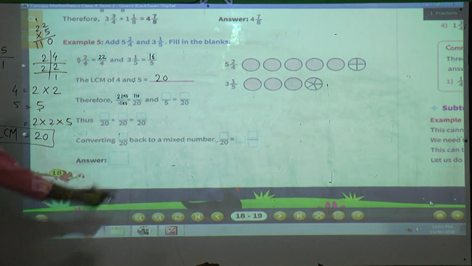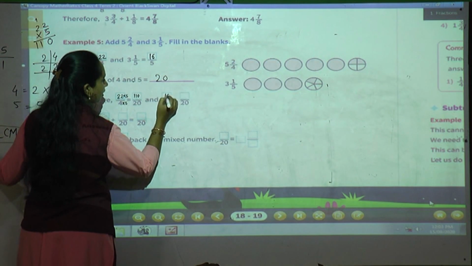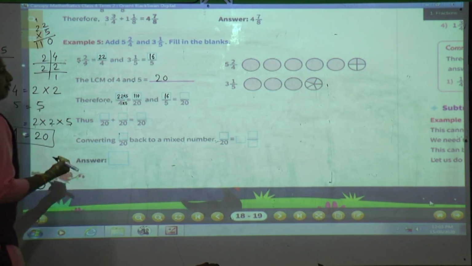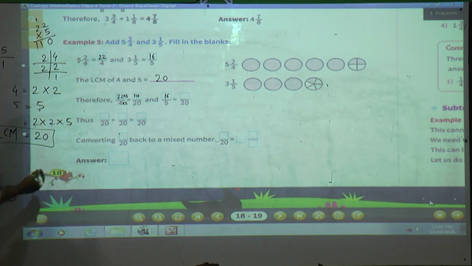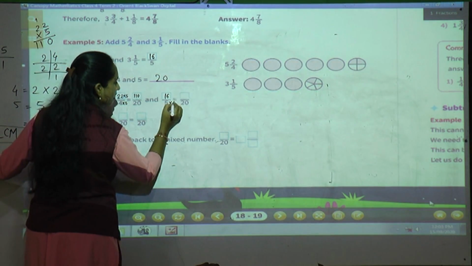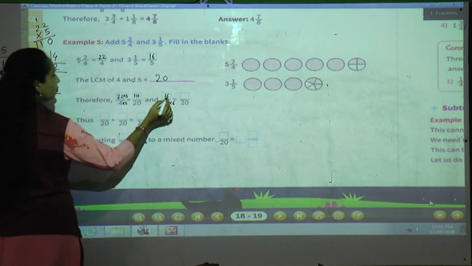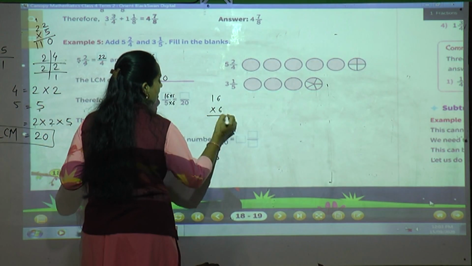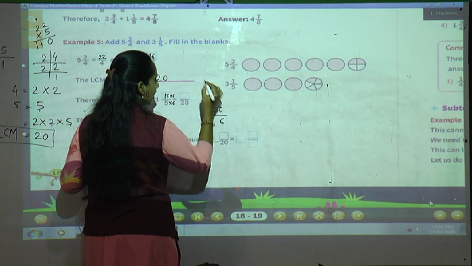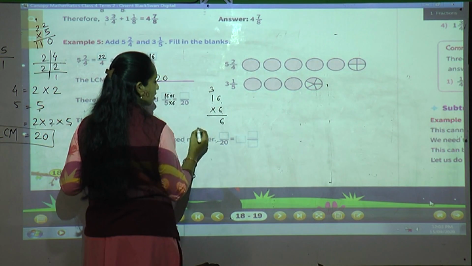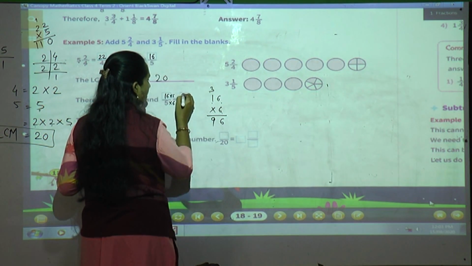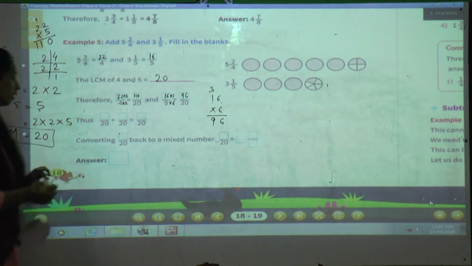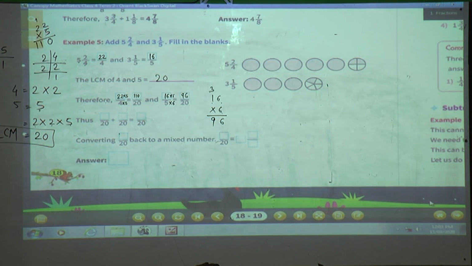Now next is 16 upon 5. 5 4s are 20, so again we need to multiply here also. So do the rough work. 16 4s: 4 6s are 24, carry 2, 4 1s are 4, 4 plus 2 is 6. So here what will come? 64. This is just rough work. I'll rub.